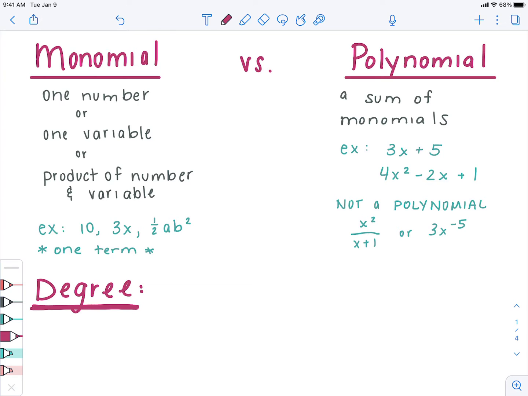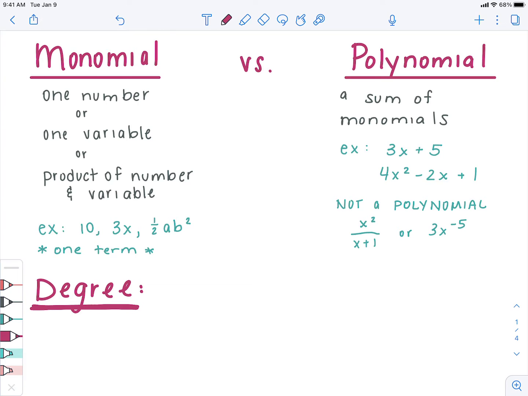So if we were looking at a polynomial, we would look at each exponent, and whichever the biggest exponent is, that's going to be our degree. So sometimes they might ask us to describe a polynomial based on the degree, and as you get further in your math career, you'll see that the degree changes the shape of the graph and gives you an idea of what the graph is going to look like before you actually start to graph it.